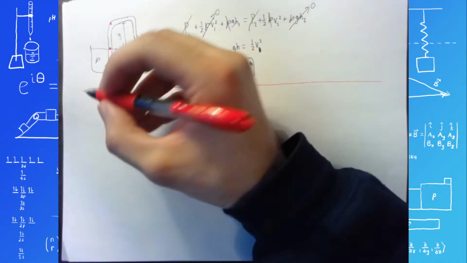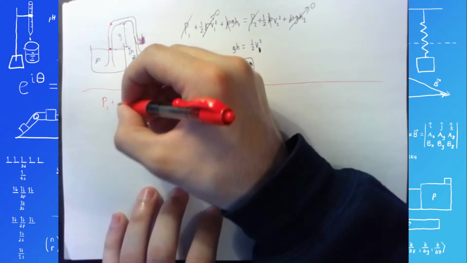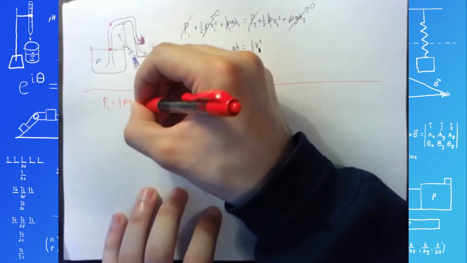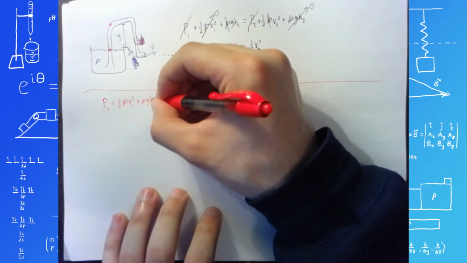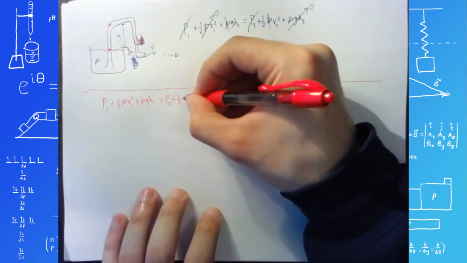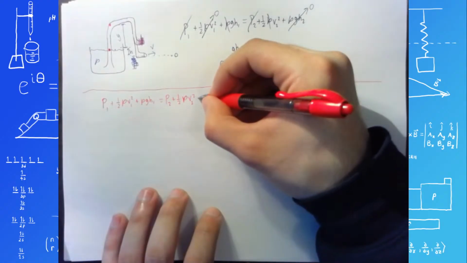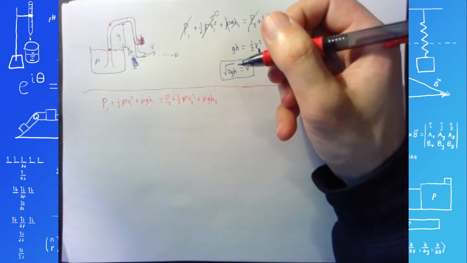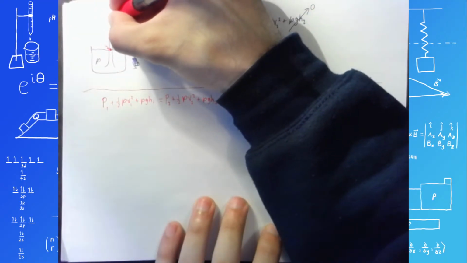So we're going to have P1 plus 1/2 rho V1 squared plus rho GH1 equals P2 plus 1/2 rho V2 squared plus rho GH2. Let's see. So I'll say my point 1 is over here and my point 2 is over here.